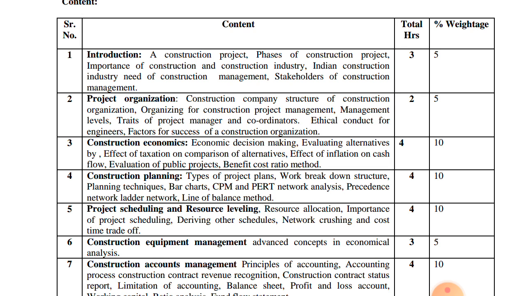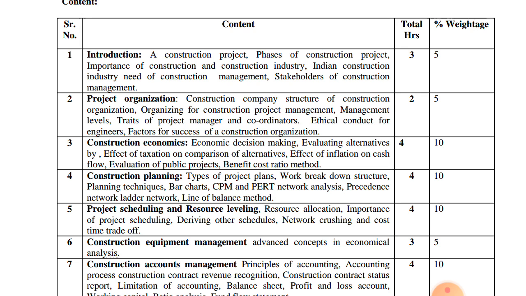All these things we discuss in project scheduling and resource leveling. In project scheduling, network crashing and cost time trade-off are important. From project scheduling, two questions are asked, one of 3 marks and one of 4 marks.